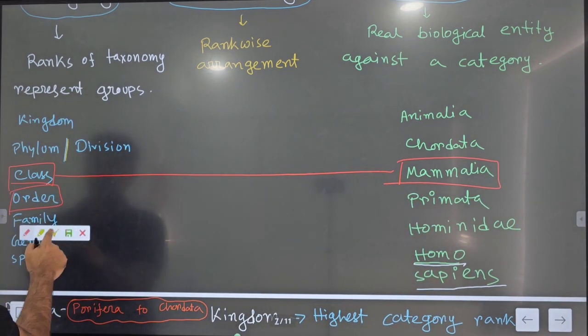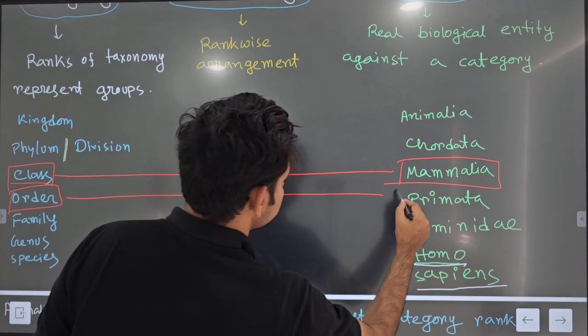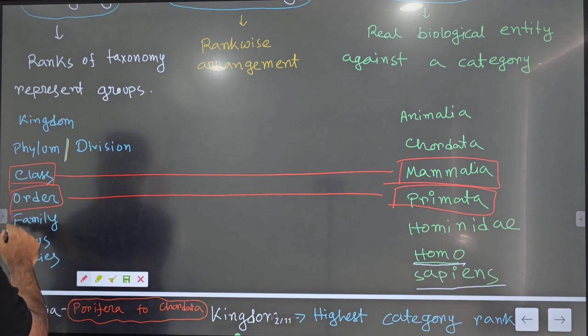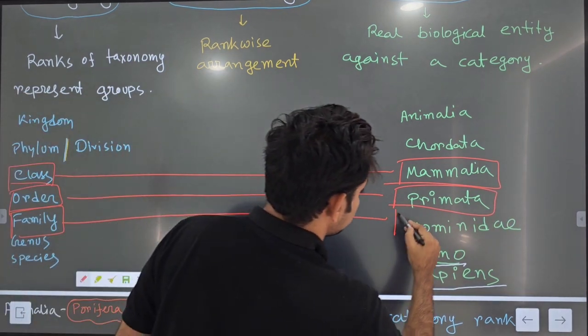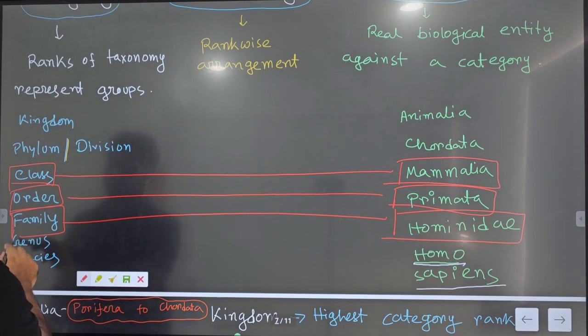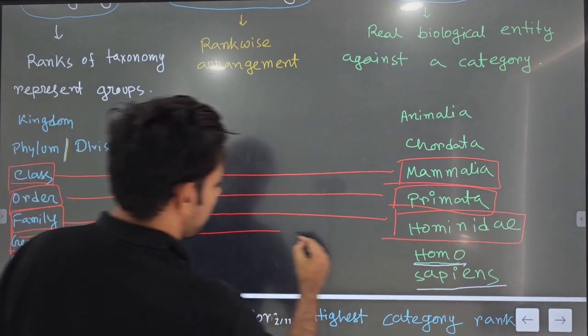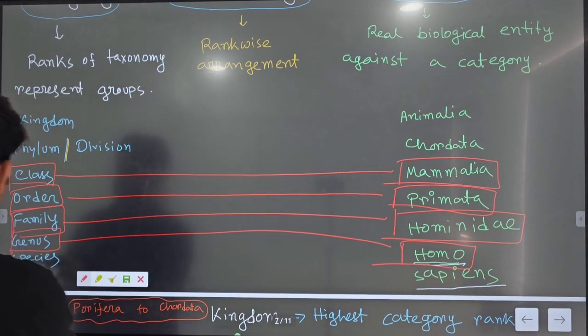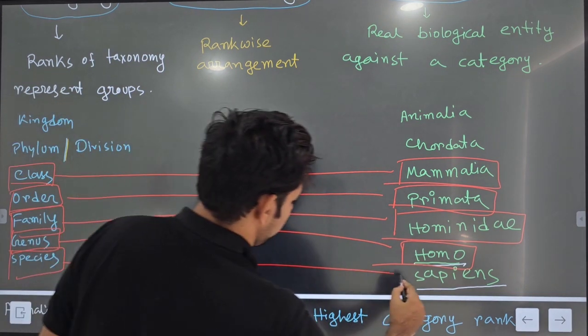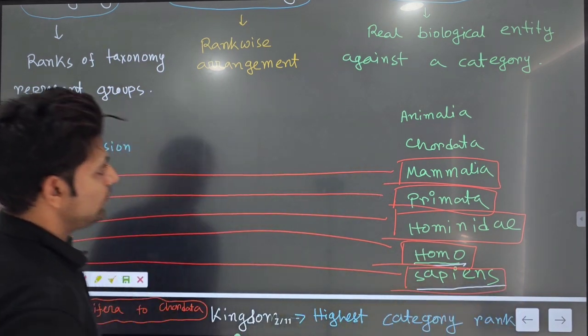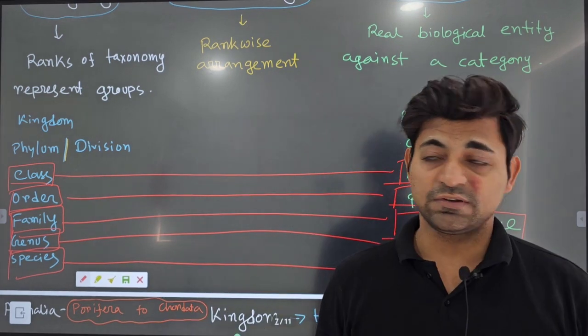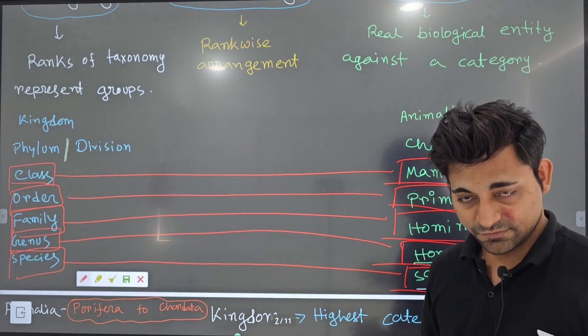Against our category order, our taxon is Primata. Against our category family, our taxon is Hominidae. Against our category genus, our taxon is Homo. Against our category species, our species is Homo sapiens. So that is the real difference between taxon and category for human beings.